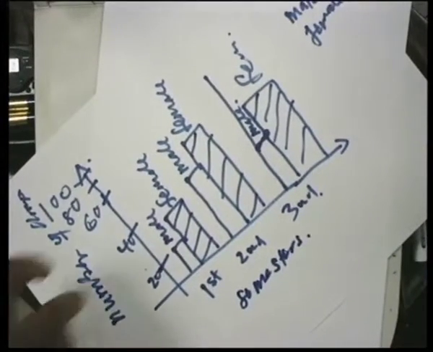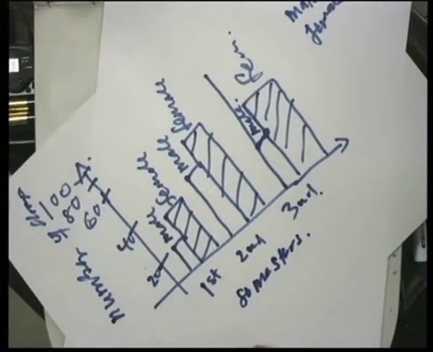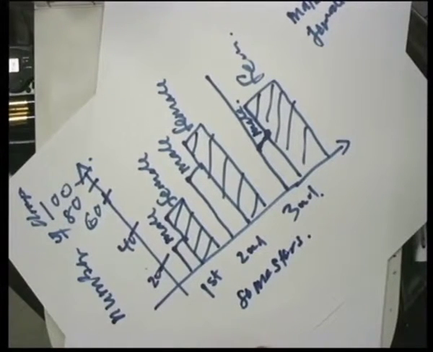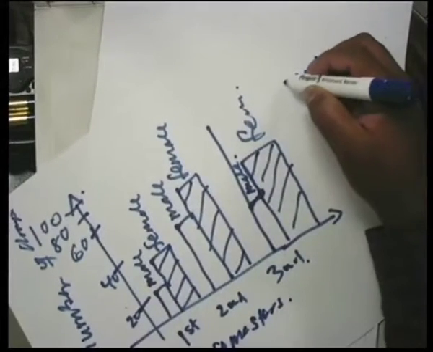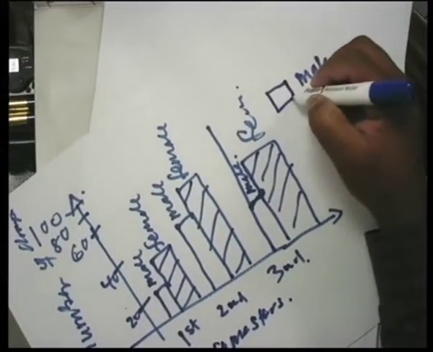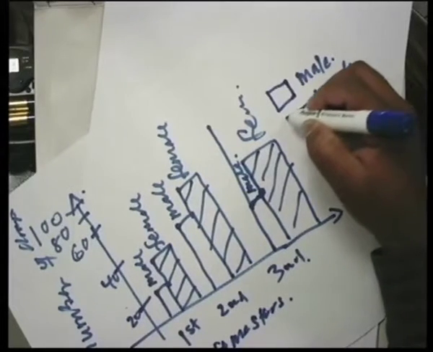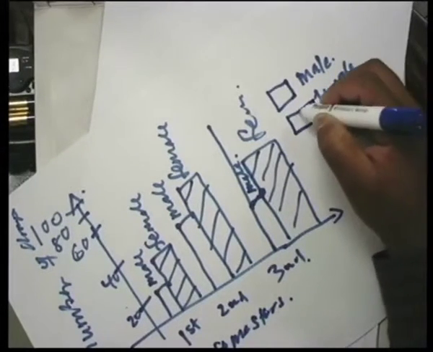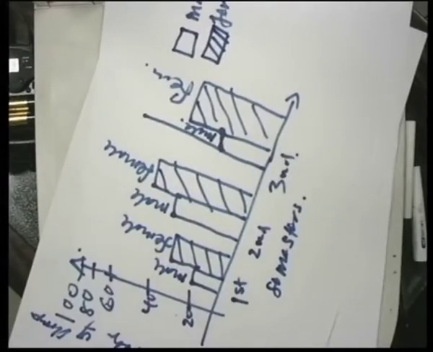In semester 1, for example, the male dropout is approximately 20, and female approximately 40. So this is just an example.